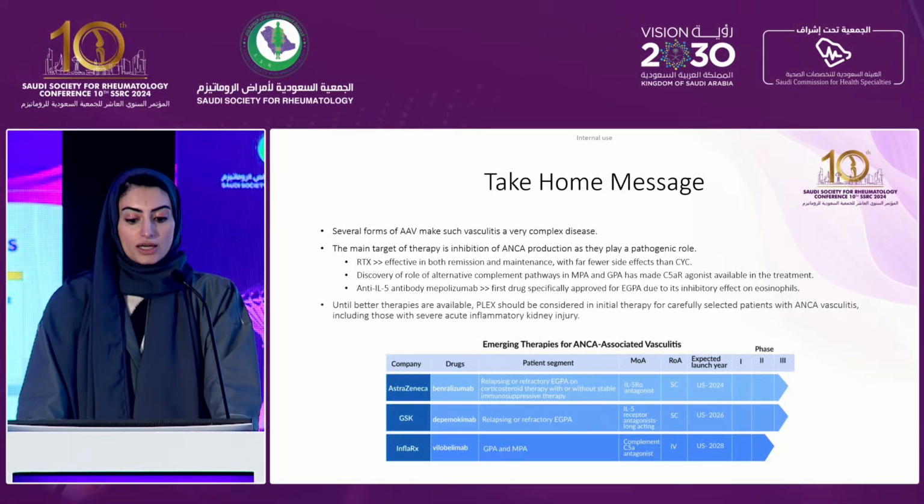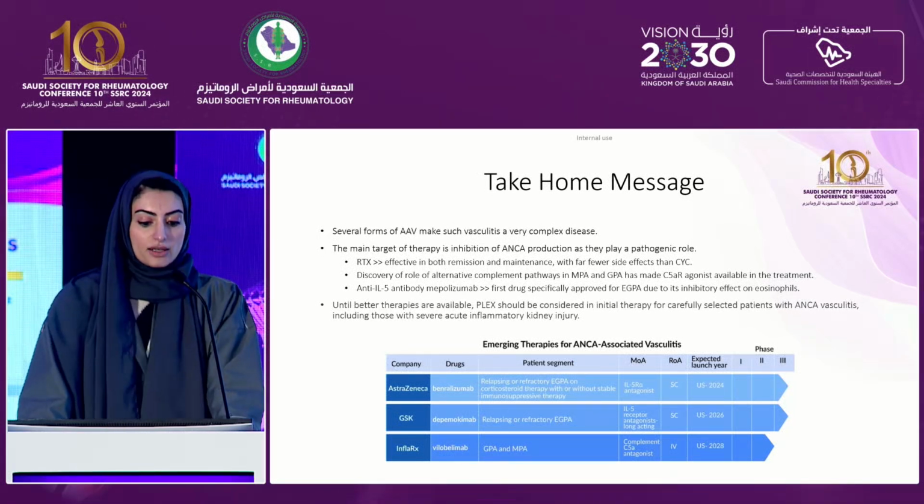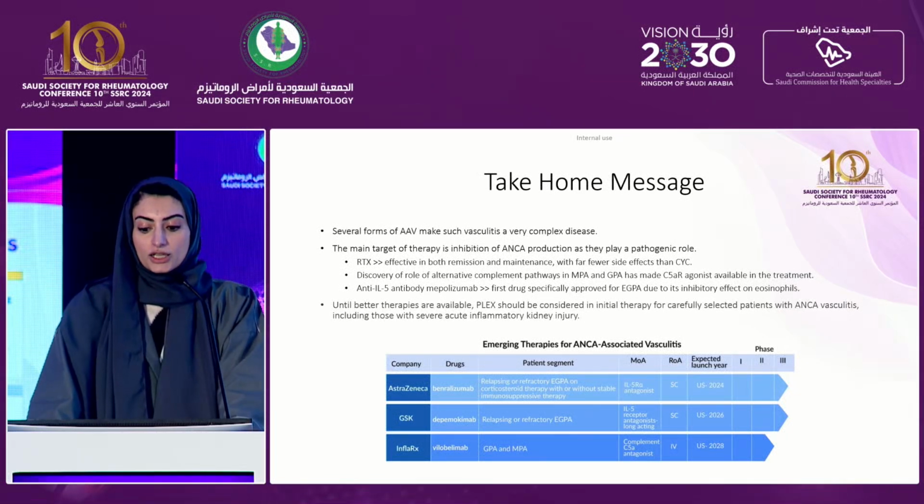Mepolizumab was the first drug specifically approved for EGPA due to its inhibitory effects on eosinophils. And until a better therapy is available, PLEX should be considered as an initial therapy for carefully selected patients with ANCA vasculitis, including those with severe acute inflammatory kidney disease.